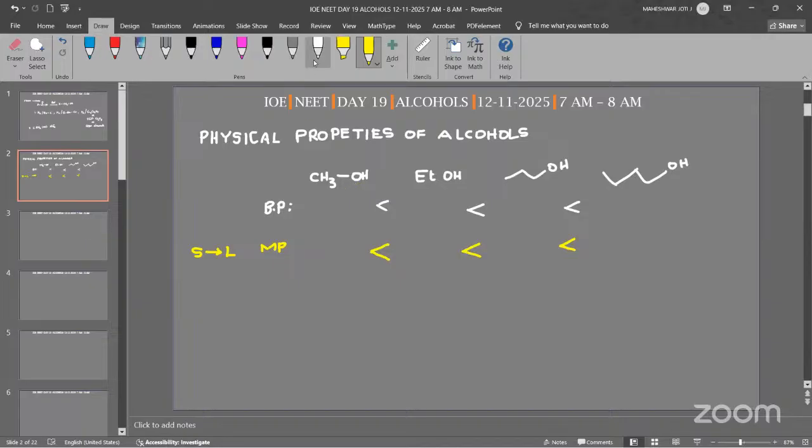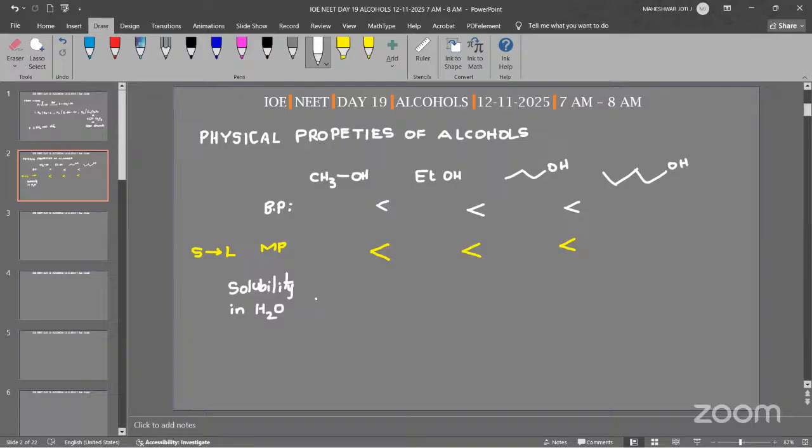Now, next property is solubility. Solubility in water or any solvent. In most of the cases, we consider water. See, for solubility, we have to consider two things. One is hydrogen bond formation.